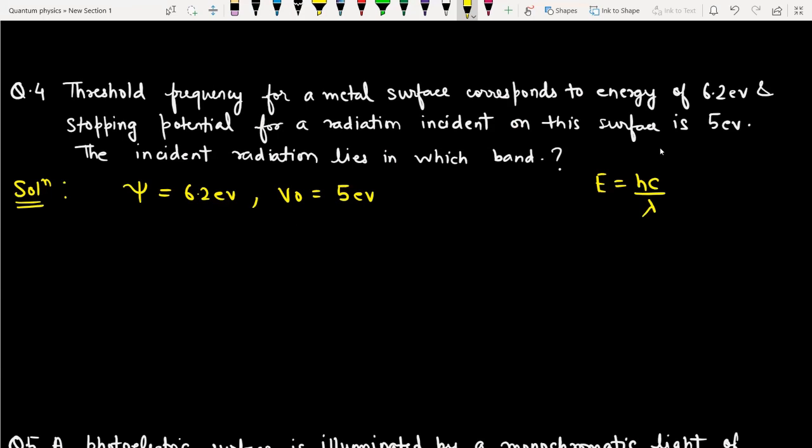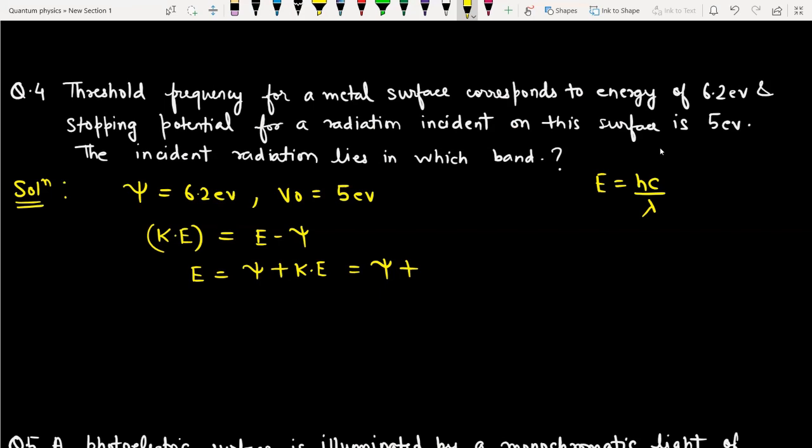The maximum kinetic energy is equal to E minus the work function. We have to get the energy, so this energy is equal to psi plus kinetic energy. If you recall, this maximum kinetic energy corresponds to EV0. If you remember our discussion, we said that even the electron with the maximum kinetic energy should not be able to reach the anode, so all of its kinetic energy gets converted into the potential energy EV0.